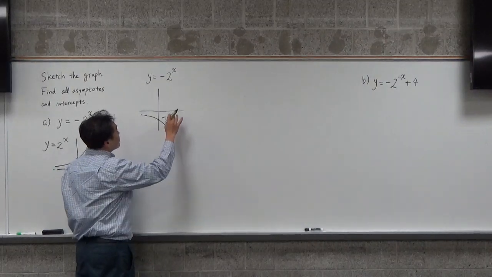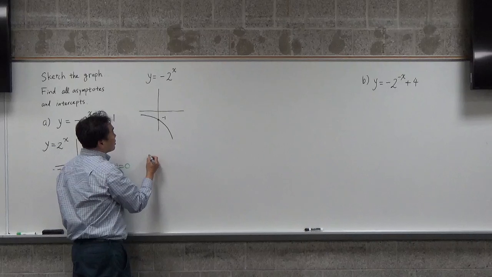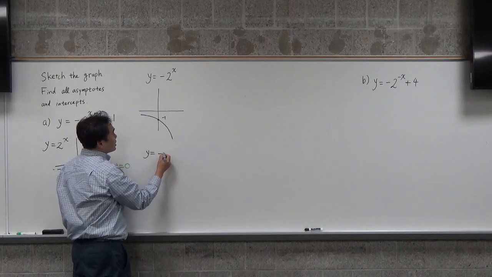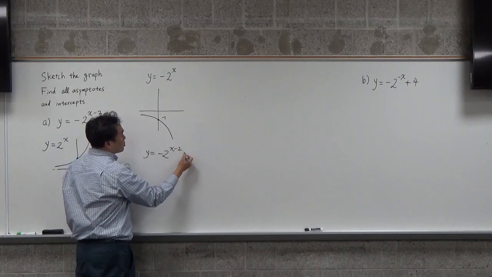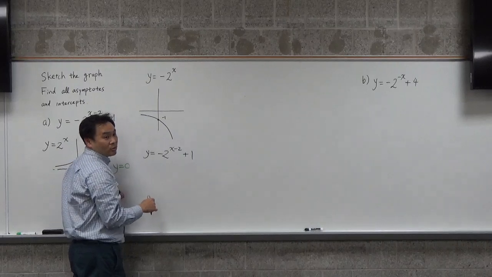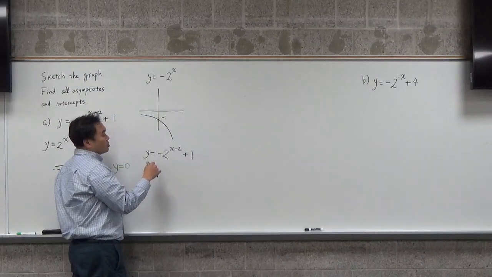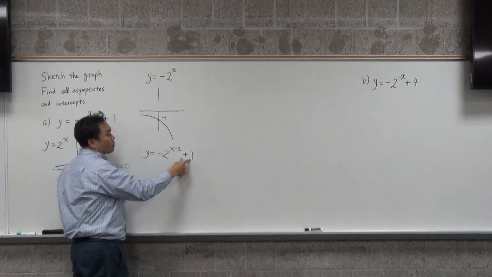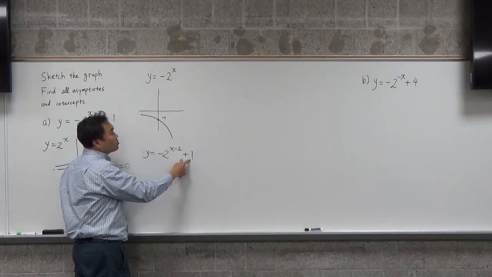Now, let's think about what y equals negative 2 to the x minus 2, plus 1 does. First of all, x minus 2, what does that do? Moves 2 to the right. Plus 1, what does that do? Moves up by 1.